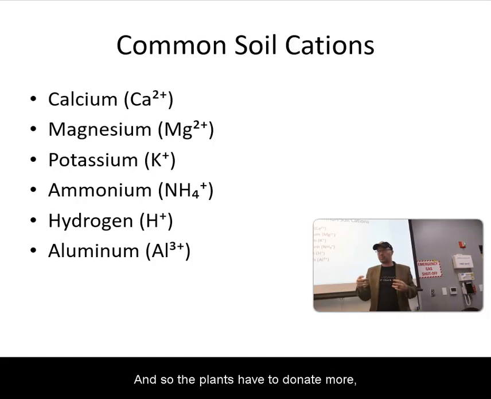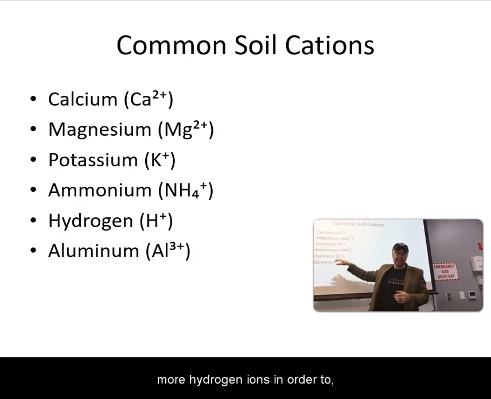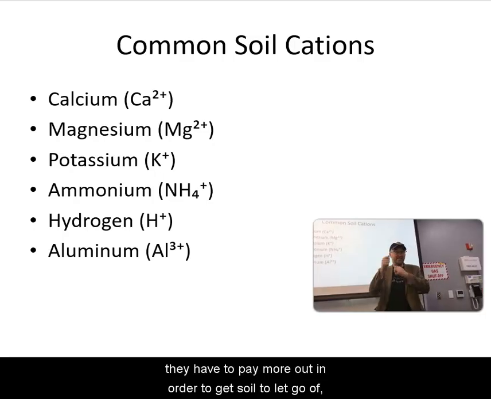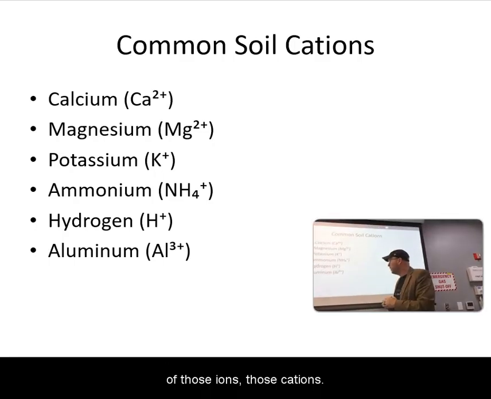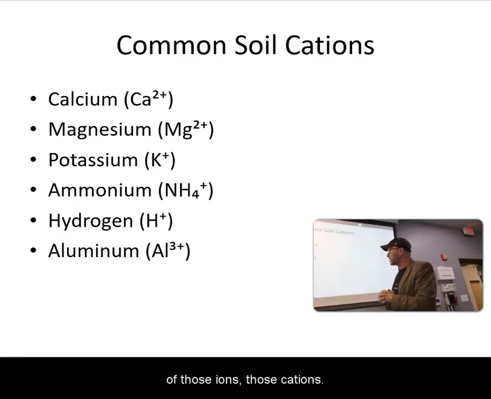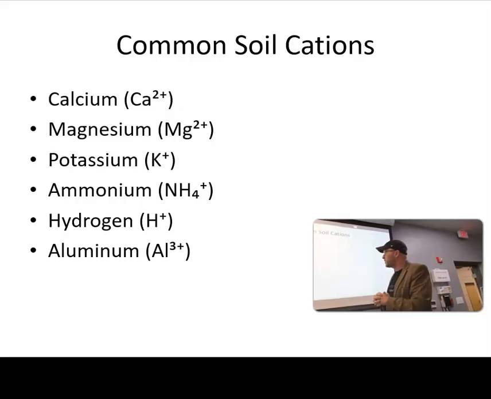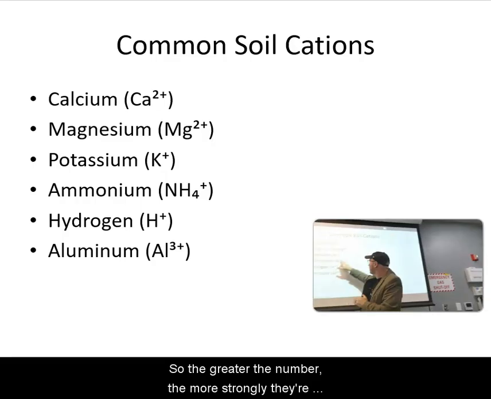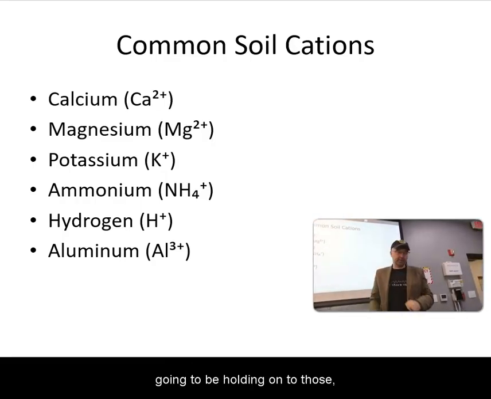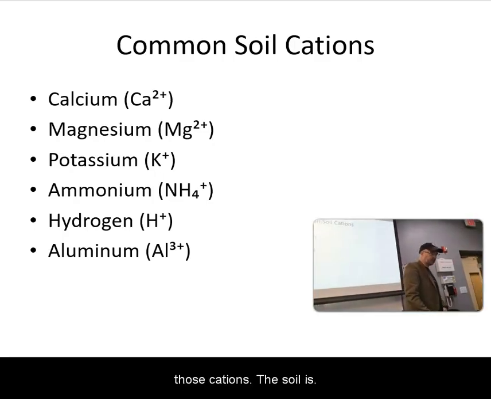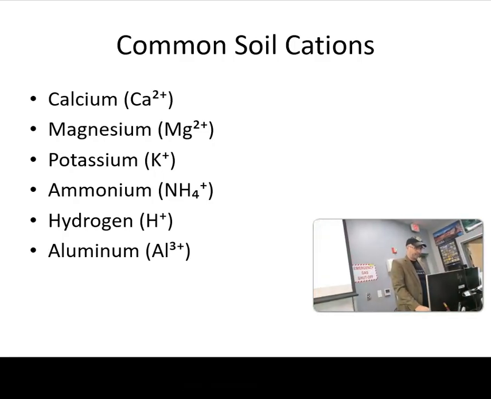And so the plants have to donate more hydrogen ions, they have to pay more out, in order to get the soil to let go of those ions, those cations. So that's kind of important to note. The greater the number, the more strongly the soil is holding on to those cations.